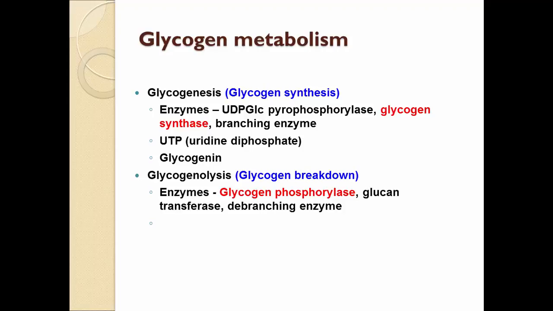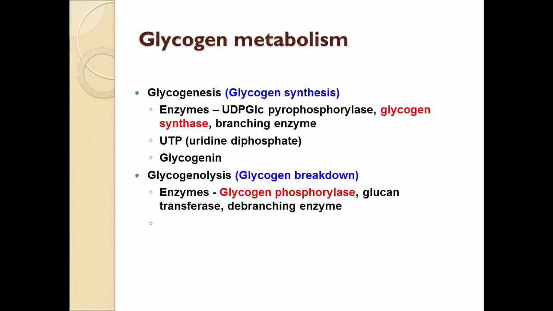It's important for the synthesis of glycogen primers. So glycogen primers contain the glycogenin protein plus 8 glucose molecules, right, in a linear chain attached to the glycogenin molecule.